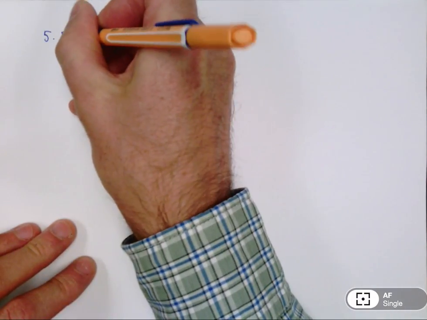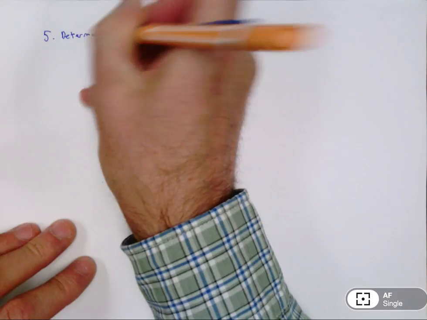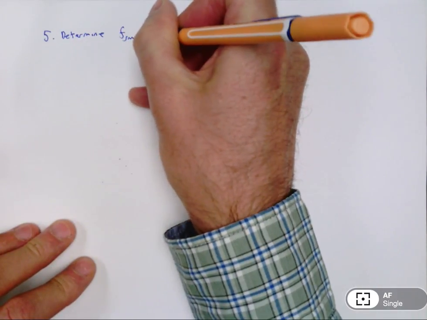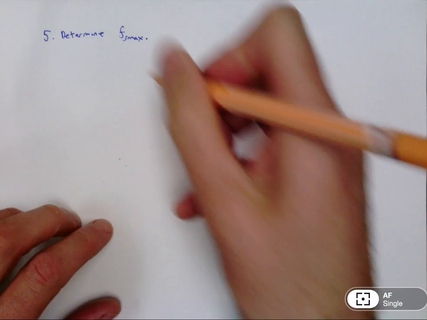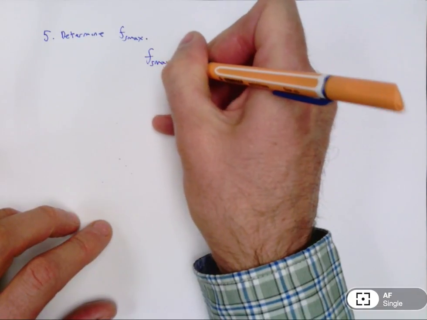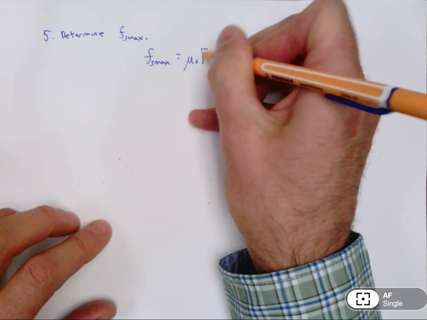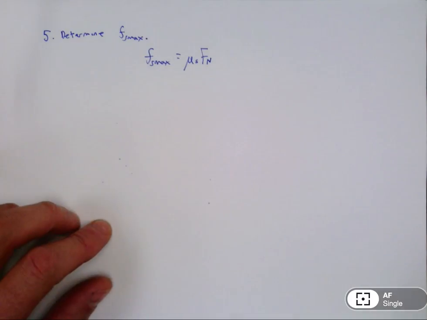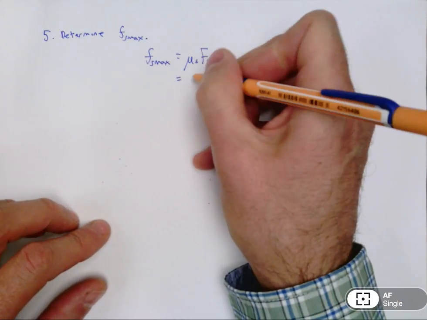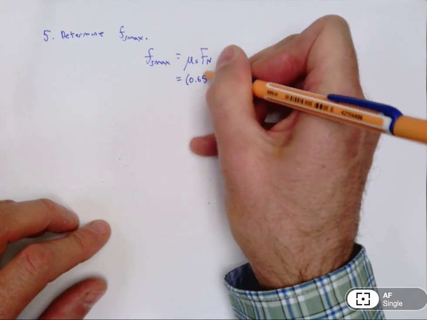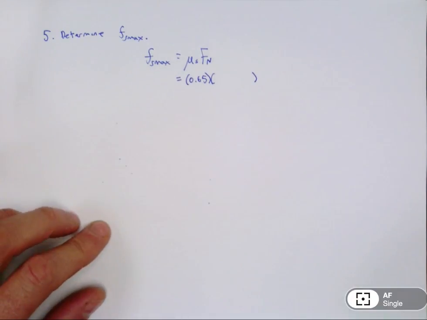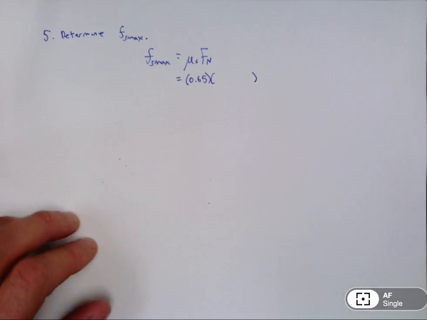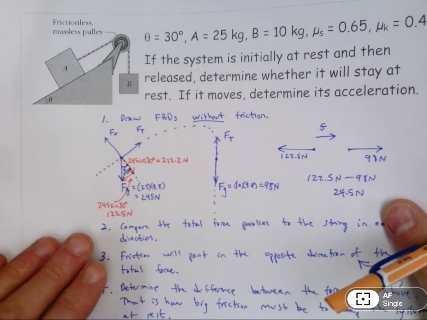So determine Fs max, we'll call it. So we have a formula for that. Fs max is equal to the coefficient of static friction times normal force. The coefficient of friction was given here for static friction as 0.65, but now we have to figure out the normal force. Let's go back and look at our picture.